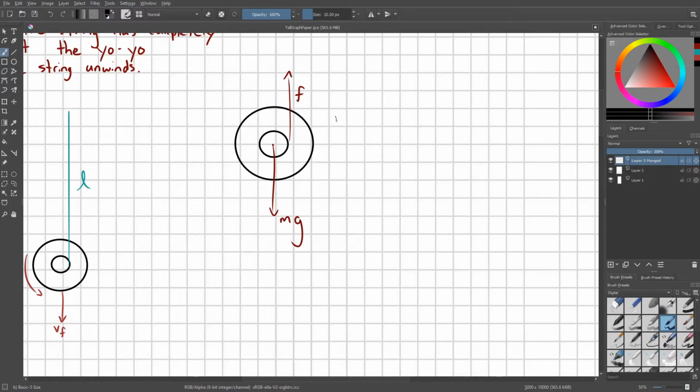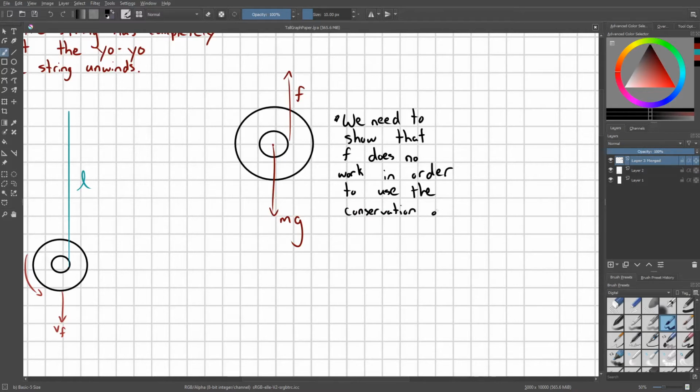So, we need to show that F does no work in order to use the conservation of energy. Right?